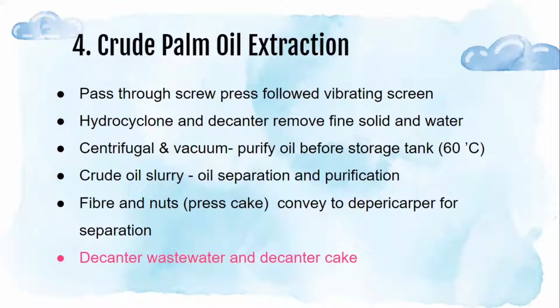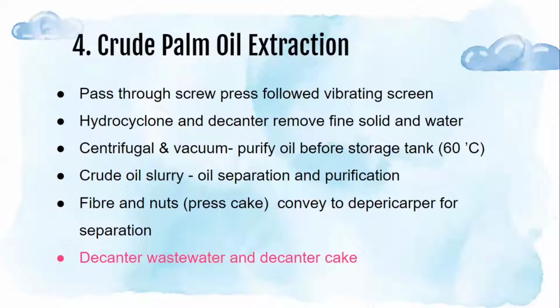The fourth step is screw press oil extraction, where the oil is passed through the screw press and followed by vibrating screens, using hydrocyclone and decanter to remove fine solids and water. This also uses centrifugal and vacuum to purify the oil before we put the oil into the storage tank. The temperature in the storage tank should be 60 degrees Celsius.